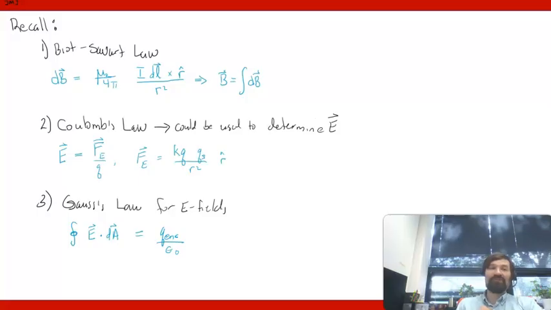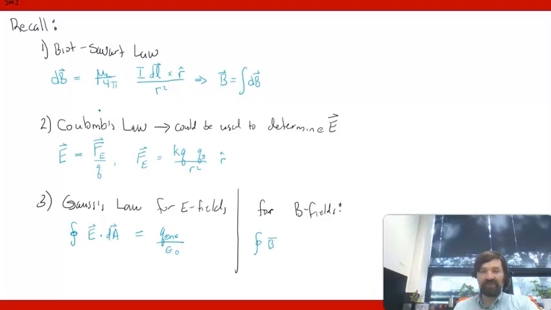For B fields, this is not a review thing per se, but it maybe fits here. The equivalent for Gauss's law says that B dot dA integrated over a closed surface is 0, meaning there are no individual monopoles for magnetic field.